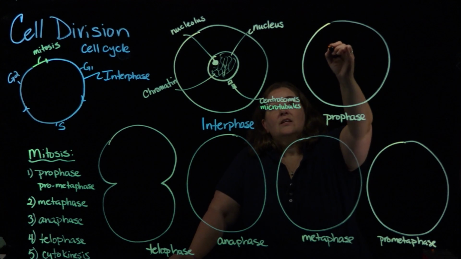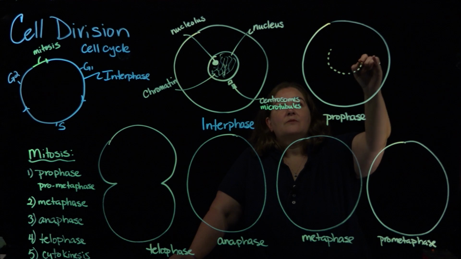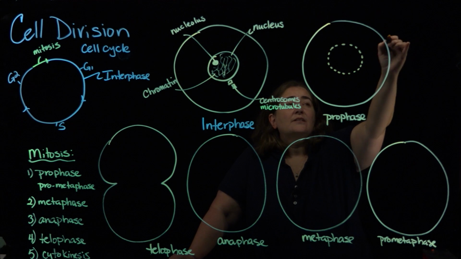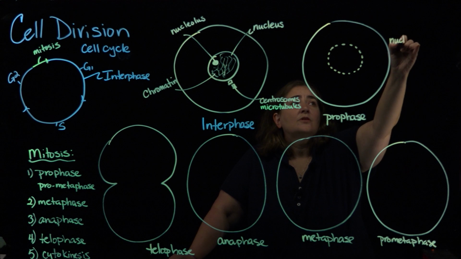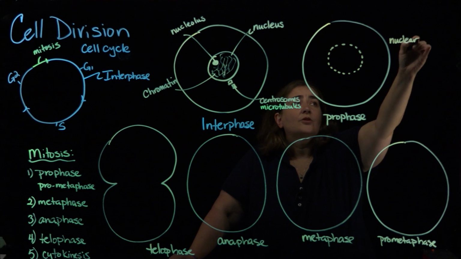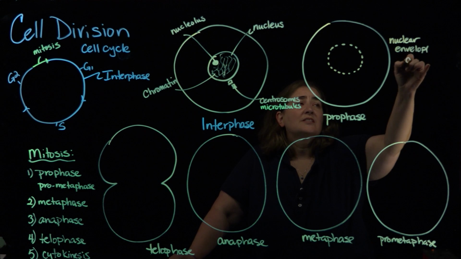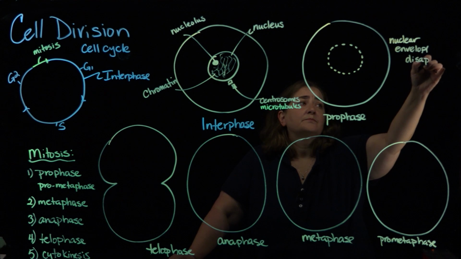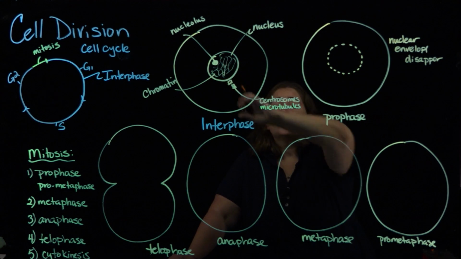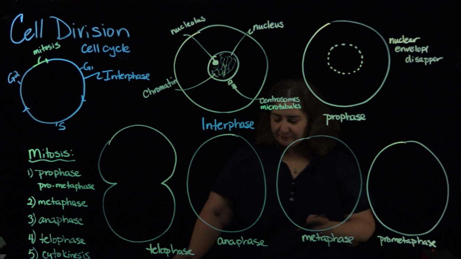So in prophase, what we have happen is our nuclear envelope starts to disappear. Our nucleolus is completely gone.